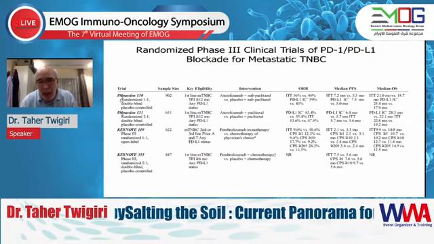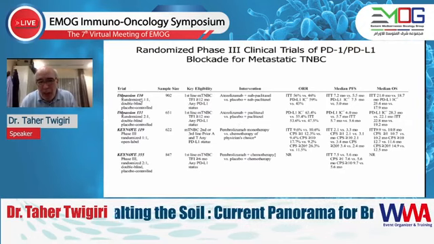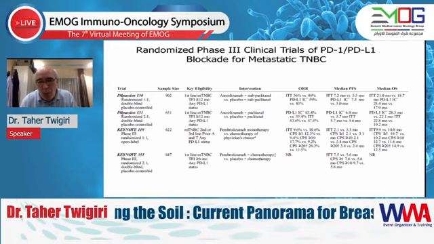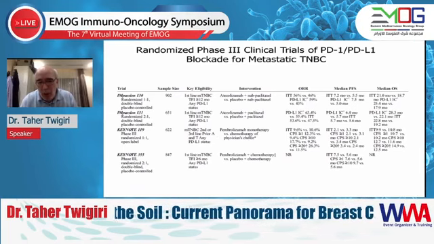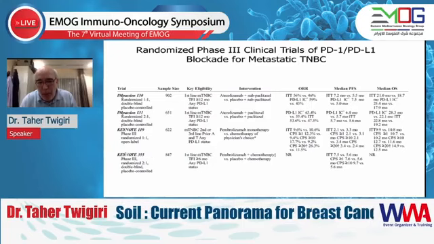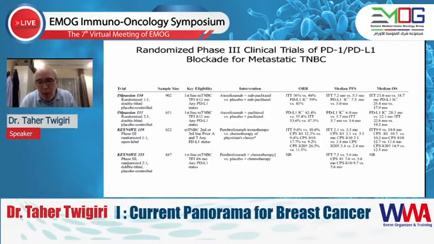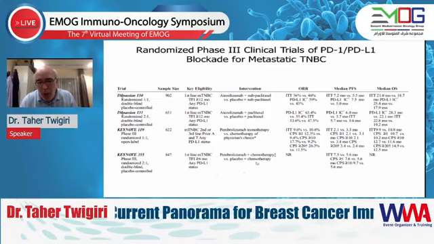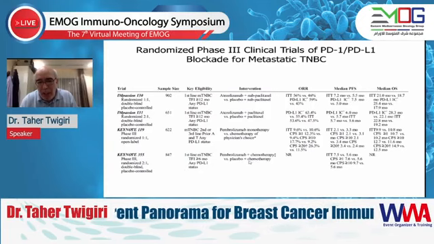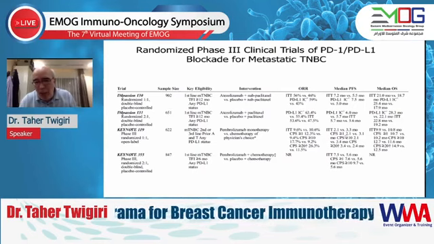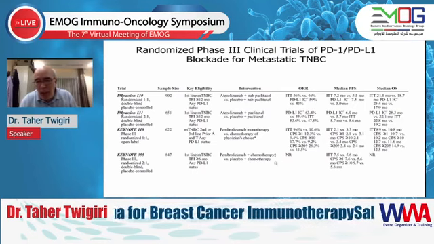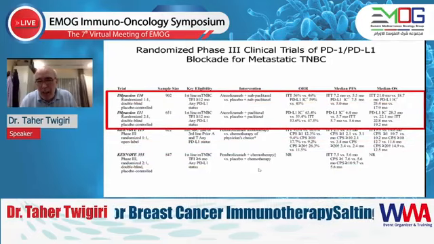We have IMpassion 130, IMpassion 131. Keynote, I am not going to talk about it because it is monotherapy. And then I will tell you about 355, which is Pembro plus chemo, placebo versus chemo. As you can see here, there are a good number of these. Forget about this. We are going to discuss all of this in detail.